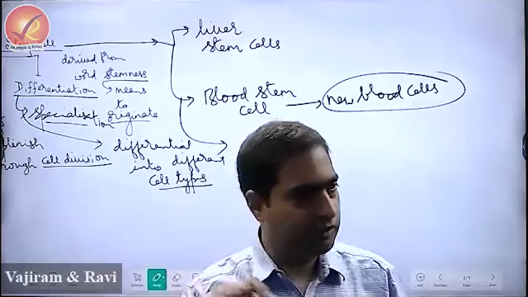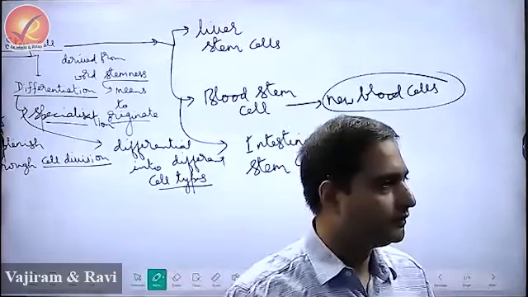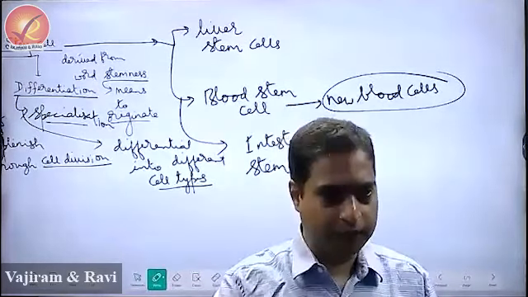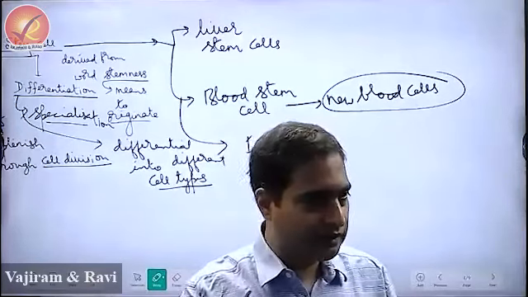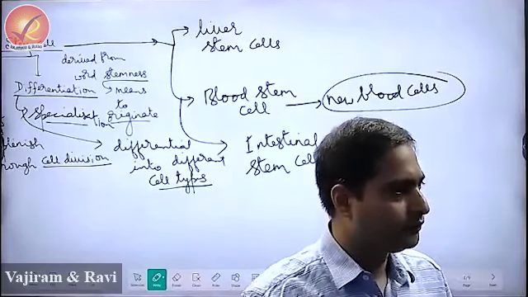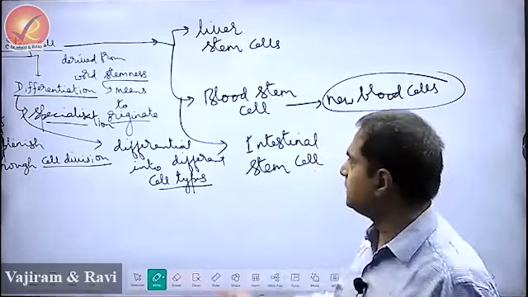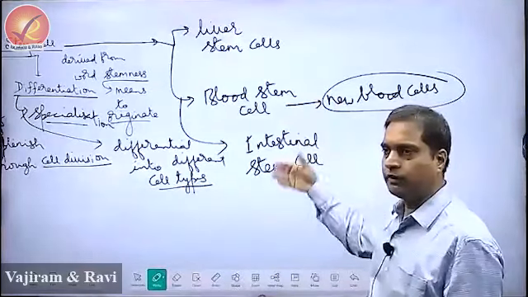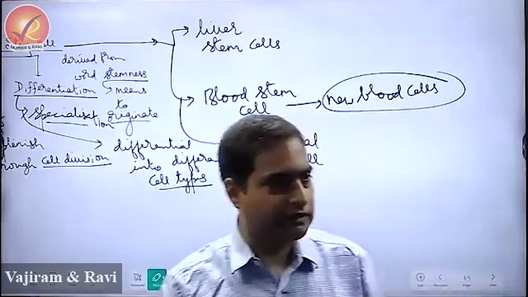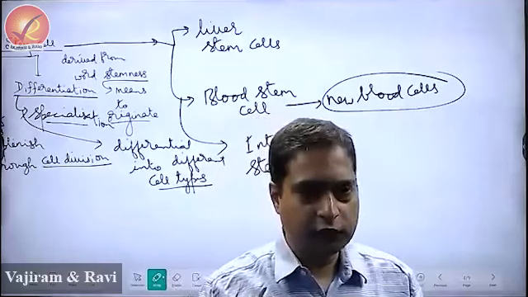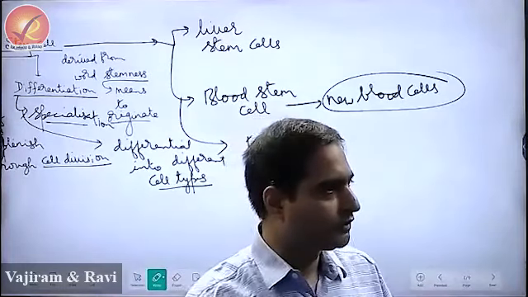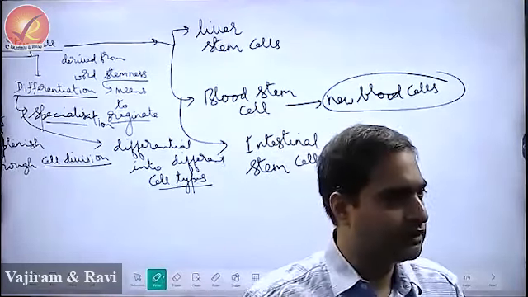Spinal cord injury is forever. It cannot regenerate. Wherever there are no stem cells present, it cannot undergo regeneration. It cannot repair itself. There are also other examples. Skin, whenever some damage is there in the skin, some abrasion, you can see the formation of new skin, because the dermis, the innermost part of the skin, will produce the new skin cells.